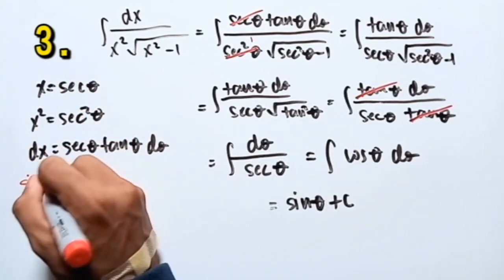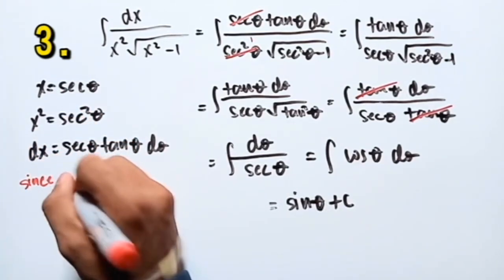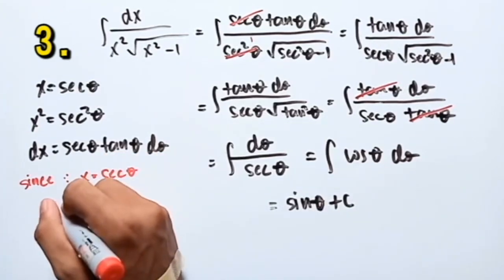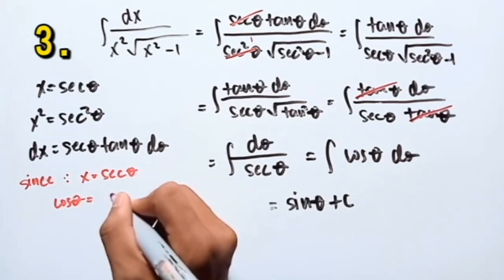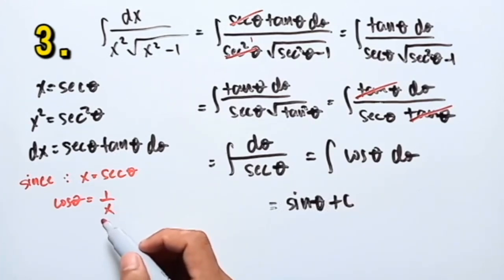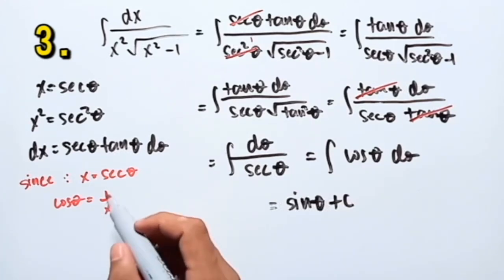Since x is equal to secant theta, cos theta is equal to 1 over x, since secant theta is the reciprocal of cos theta. So cos theta is equal to adjacent over hypotenuse.